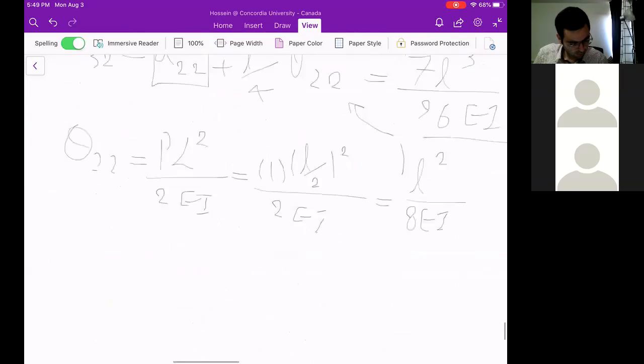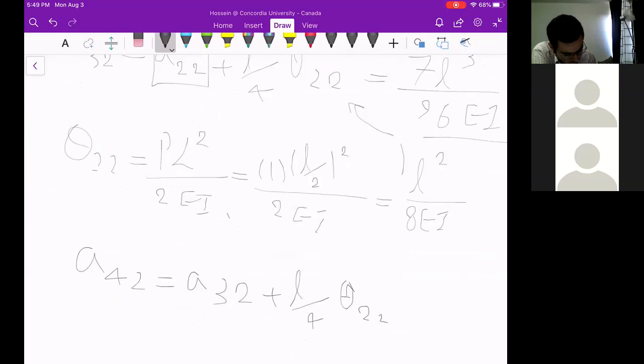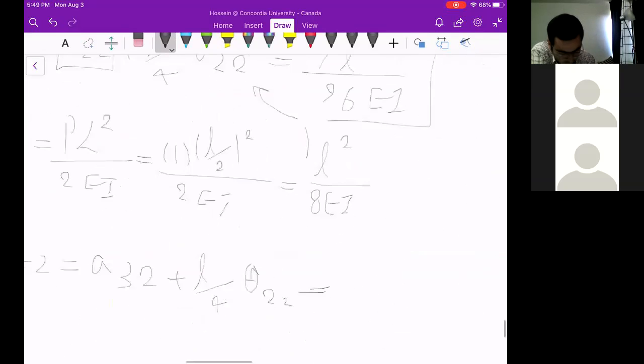Similarly A42 is A32 plus L over 4 multiplied by theta 22. Finally, it's going to be 10 over 96.